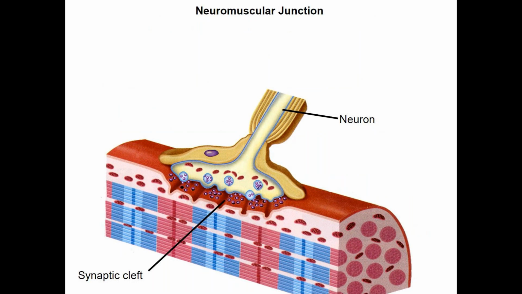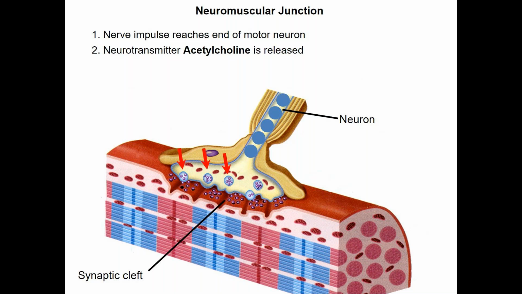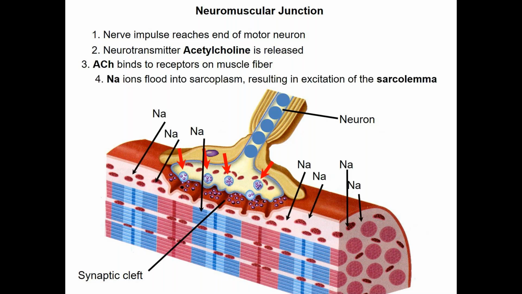So to see it in action, we have a nerve impulse, an action potential traveling down our axon. We arrive at the motor end plate and release the acetylcholine. Acetylcholine binds to our muscle fiber through the sarcolemma itself, opening sodium channels and generating an action potential.